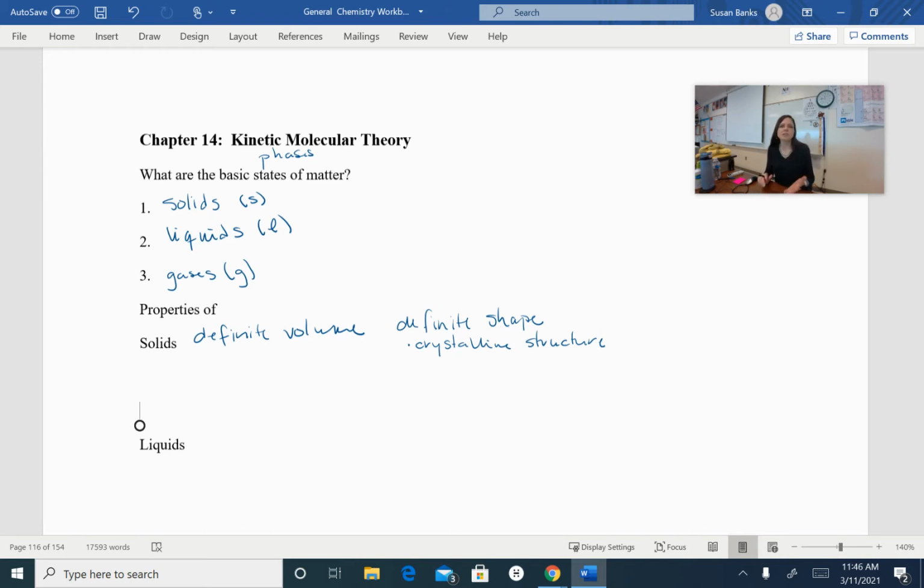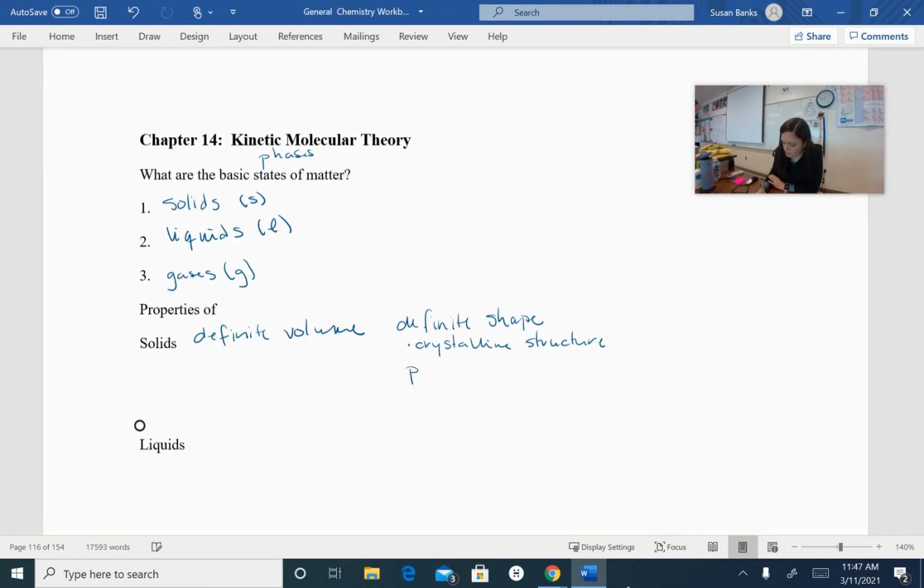Now, we normally don't think of all solids having a crystalline structure, but they really do. They're crystals, okay? And then that definite shape means that the molecules don't move very much. They do move, but the molecules move or they vibrate around a fixed point.